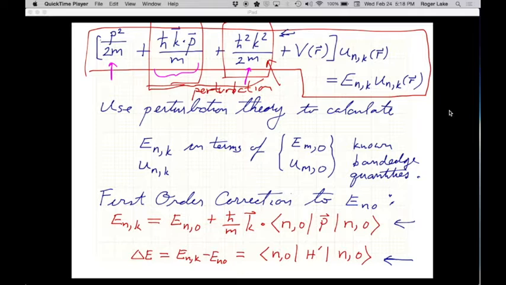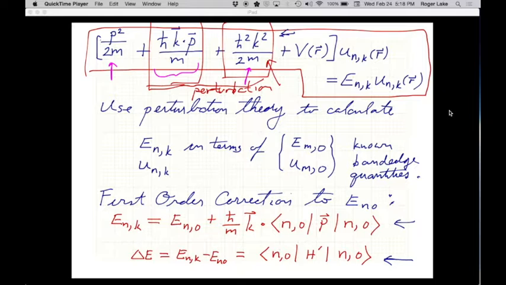The only operator is p, so that's the only thing you need to put inside the matrix element, because k is just a number, depending on whatever k you choose, so that doesn't go inside the integral, right? That bra operator ket is an integral, like d cubed r psi n grad psi n, right? That's what that represents.